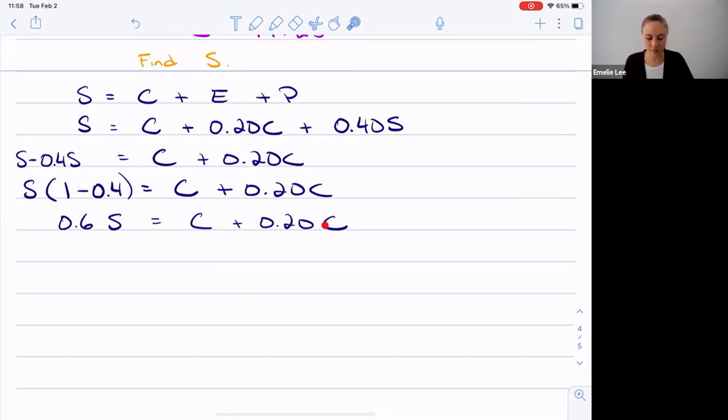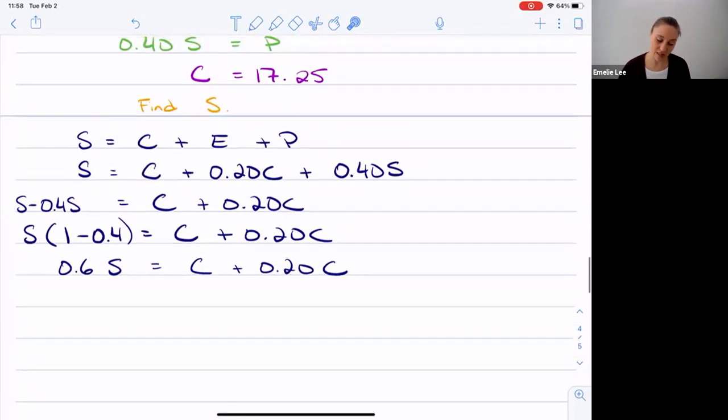You can absolutely do the same thing on this side, pull out that common C, and then just substitute C in once, right? C times 1.2. For the sake of keeping you with me, I'm not going to do that. I'm just going to plug in C twice, but that's something we can do.